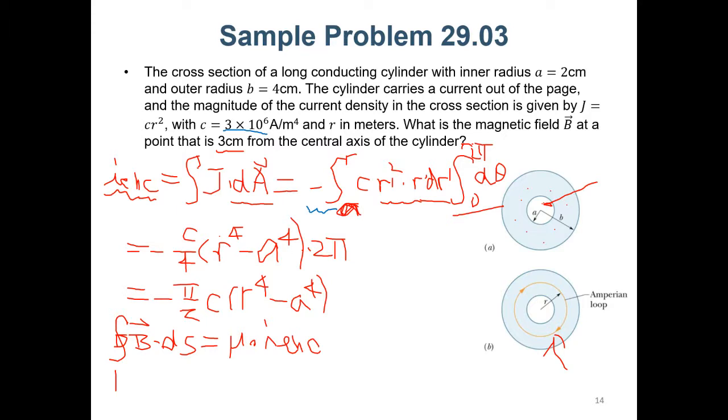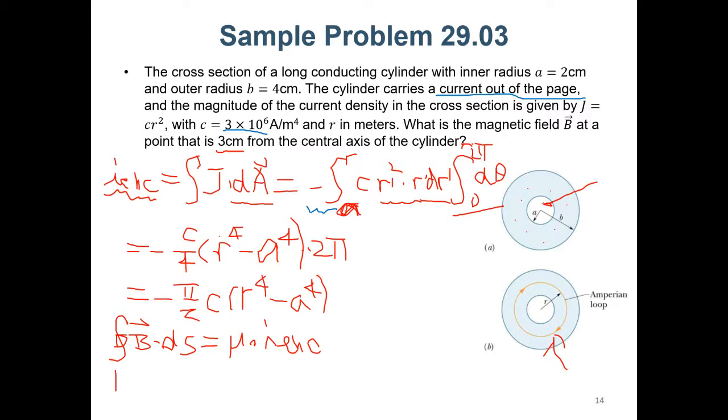But the second line here carries a current out of the page. So the current should be negative when you consider this Ampere loop.